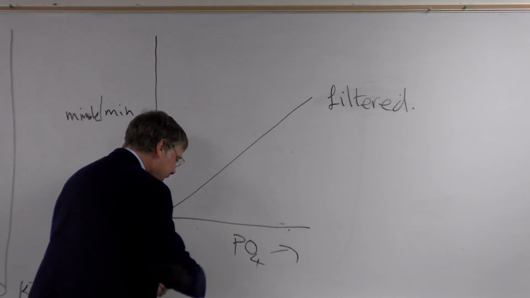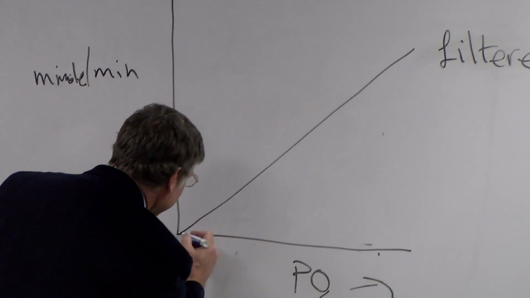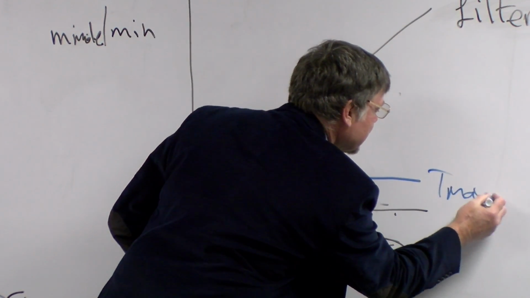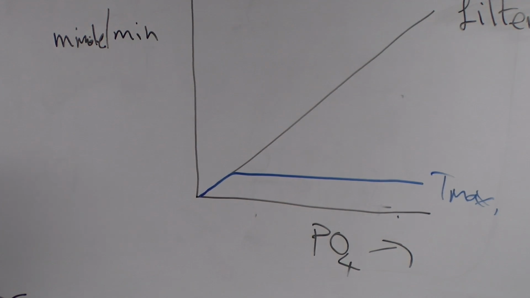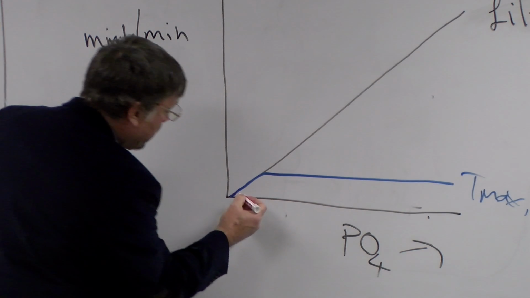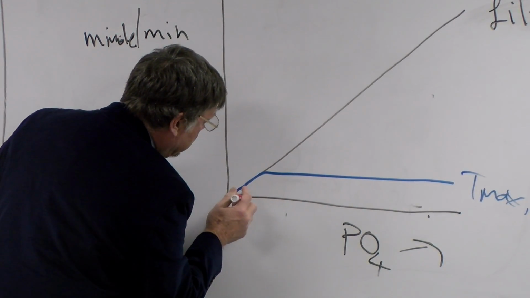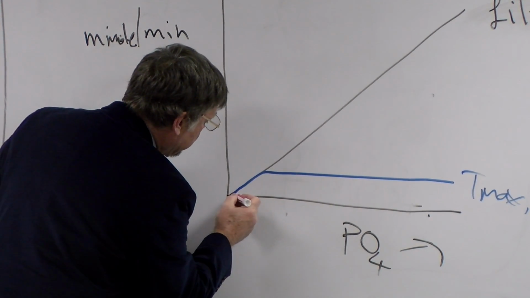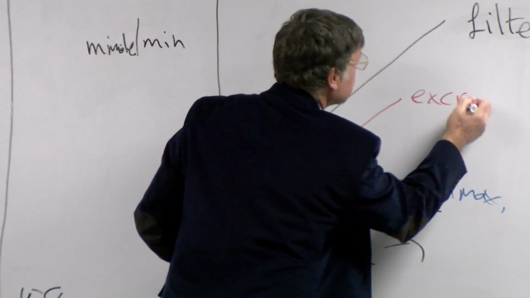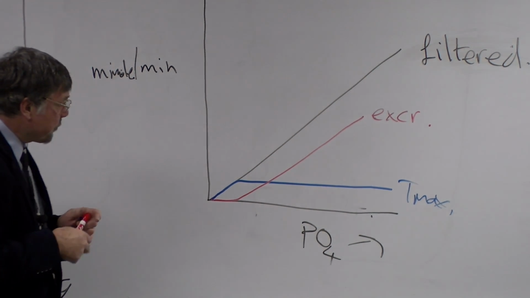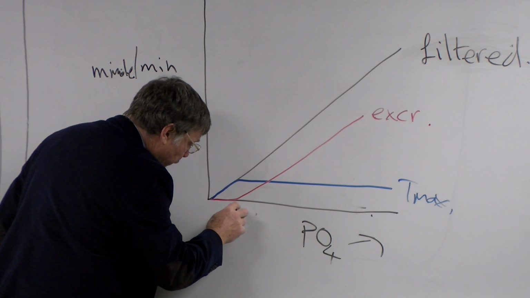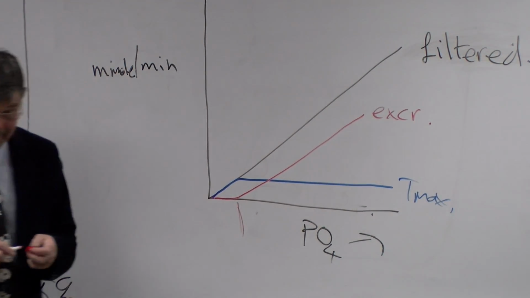let's use a different color. There's a Tmax for the amount that's reabsorbed. And so the excreted amount, like the glucose, what's interesting about this is that the point of inflection here is about the same as the plasma concentration.